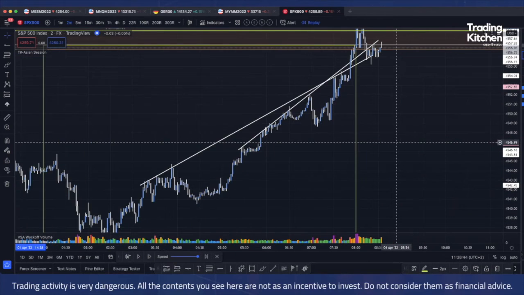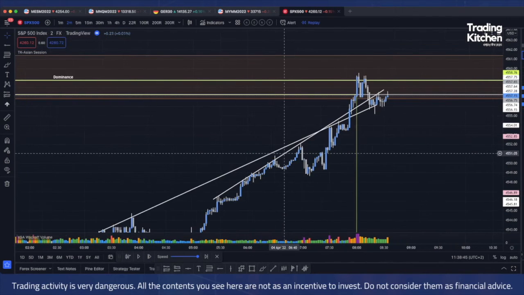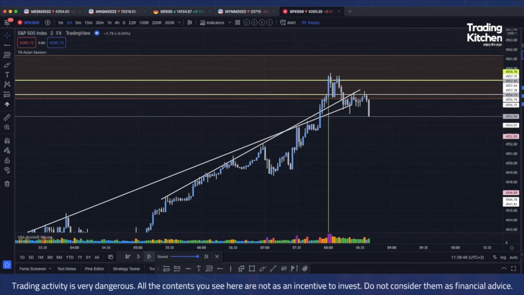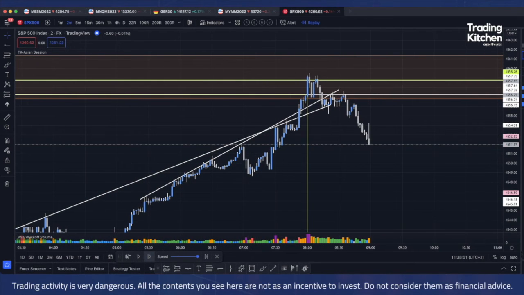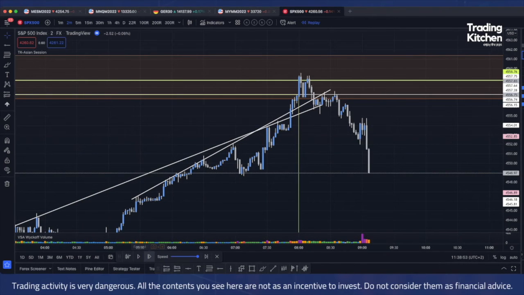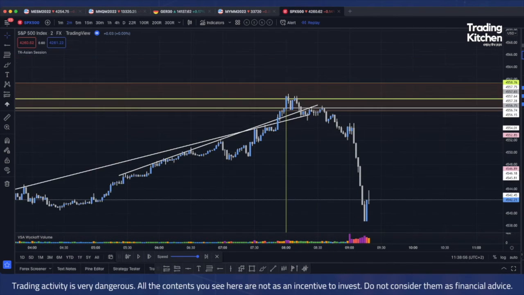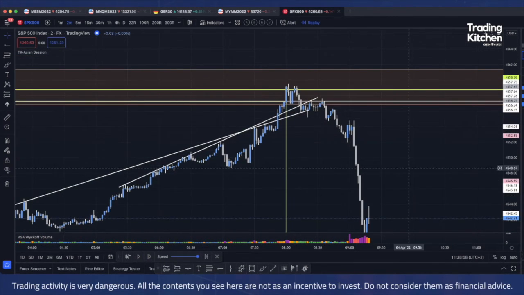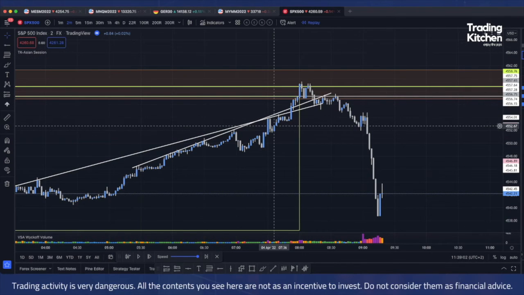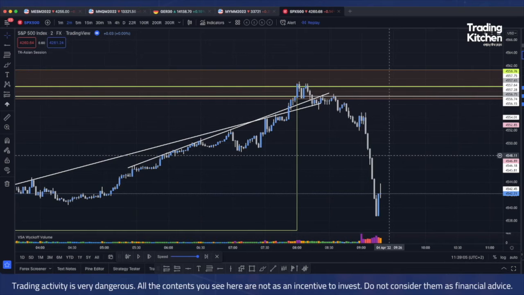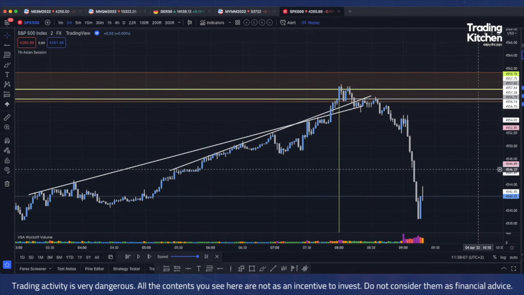Let me zoom. It's short. Unfortunately, we didn't find any intraday pattern. Yeah, I know that I am very conservative. To be honest, this scenario was pretty much clean.